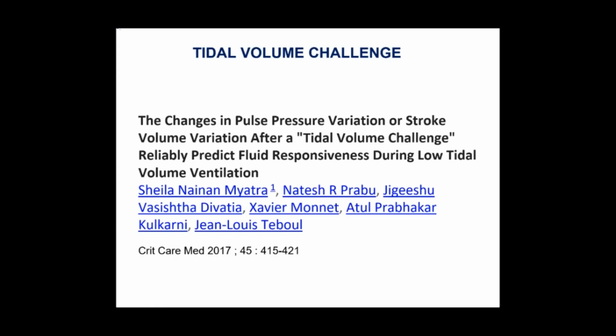Of course, you have passive leg raising, but even that is an issue in some situations, like in a polytrauma patient, where you may not be able to do a passive leg raising. So, one size doesn't fit all. You have to have techniques developed which can overcome some of the limitations of the existing ones.